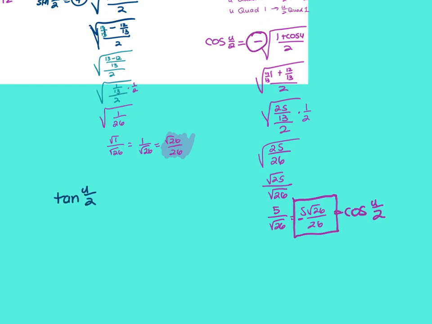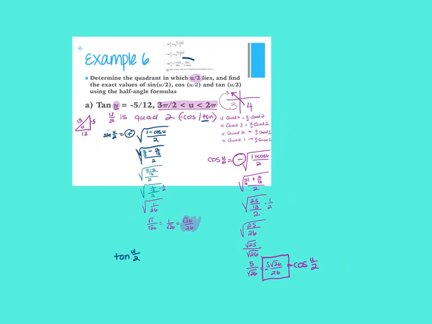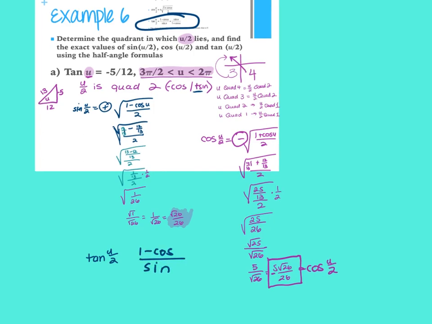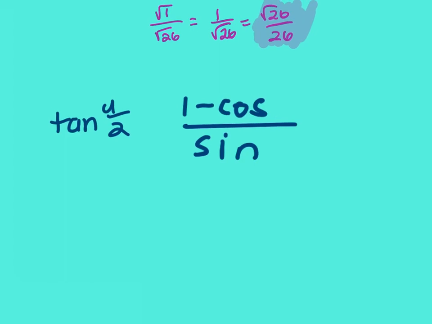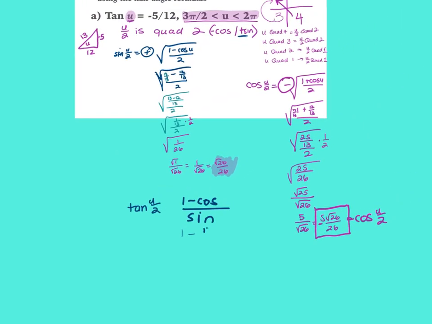And then the last one is tangent. And remember, with tangent, it doesn't matter the sign. There's no plus or minus in front of this. And you can pick either one. So I can do 1 minus cosine over sine, or I can do sine over 1 plus cosine. So 1 minus the cosine of this triangle, which is 12 over 13, over the sine, which is negative 5 over 13.